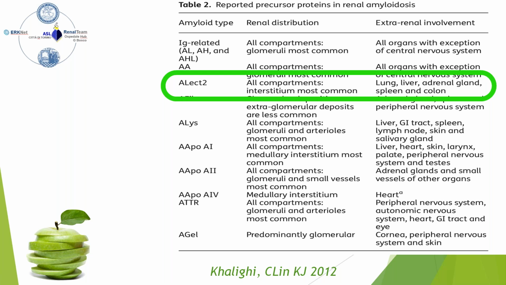A quite peculiar form is the one related to the leukocyte cell-derived chemotaxin 2 that was first described by Benson and colleagues in 2008. This form is quite common in American patients of Hispanic ascendance, but it doesn't seem so frequent in Europe.